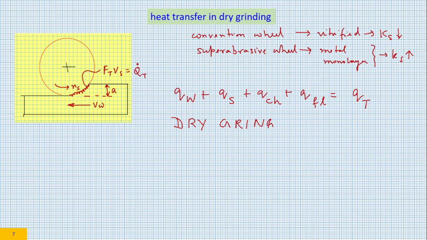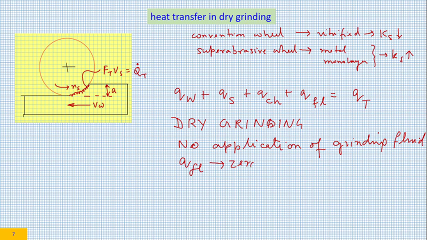Because this is dry grinding, there is no application of grinding fluid. If there is no application of grinding fluid, QFL would be 0. Why? Because there would not be any convective heat transfer from the grinding zone to the grinding fluid. So this will become 0.